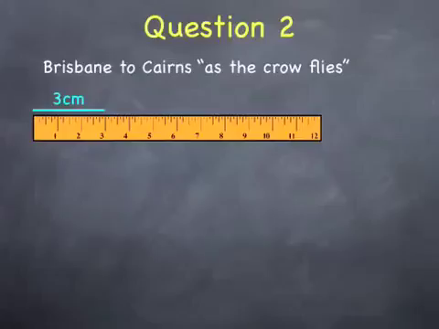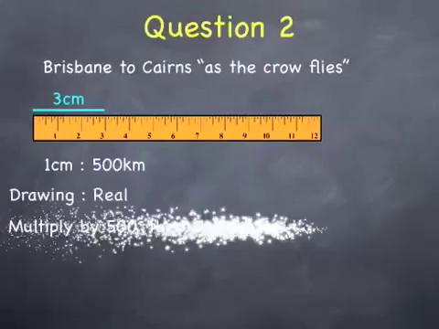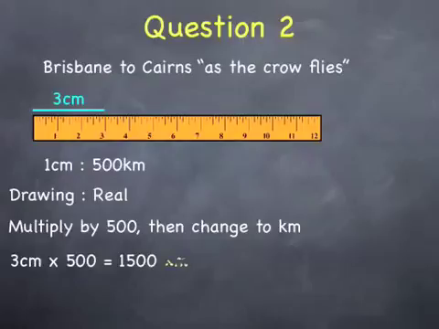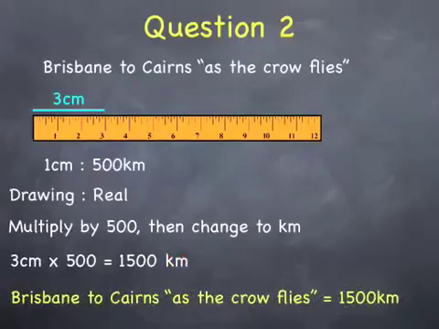You should be very close to 3 though in this case. So our scale is 1 centimetre to 500 kilometres. So I would suggest you just multiply by 500 and then change to kilometres. So 3 centimetres by 500 equals 1,500 kilometres. So 1,500 kilometres, Brisbane to Cairns as the crow flies.